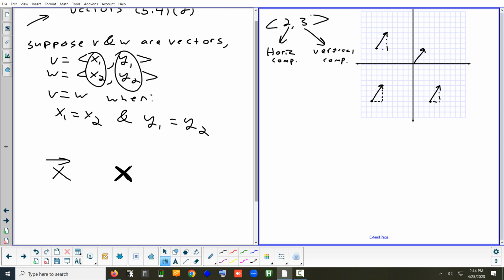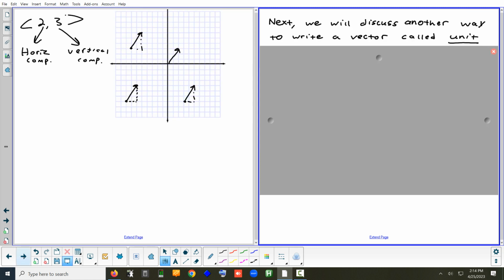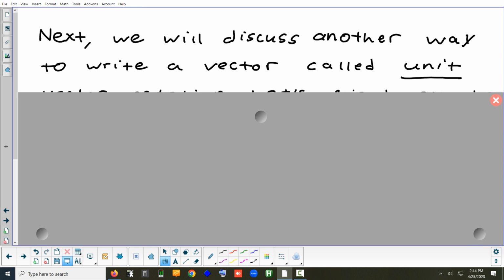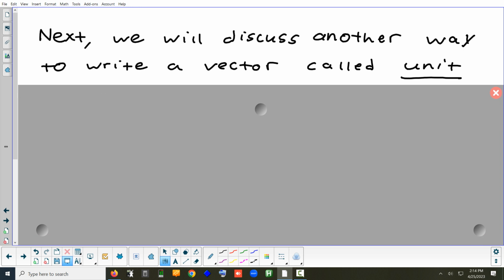And draw it like that. But you don't have to start there. So drawing an arrow, that's one way you can do a vector. That's a picture. Another way you can do it, two numbers with a comma between them.